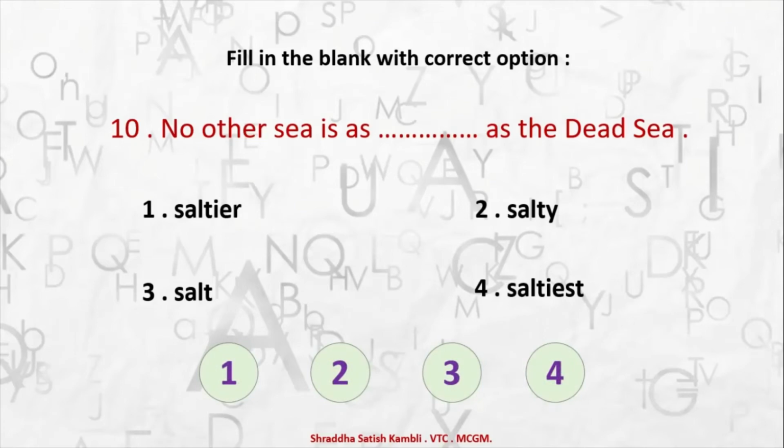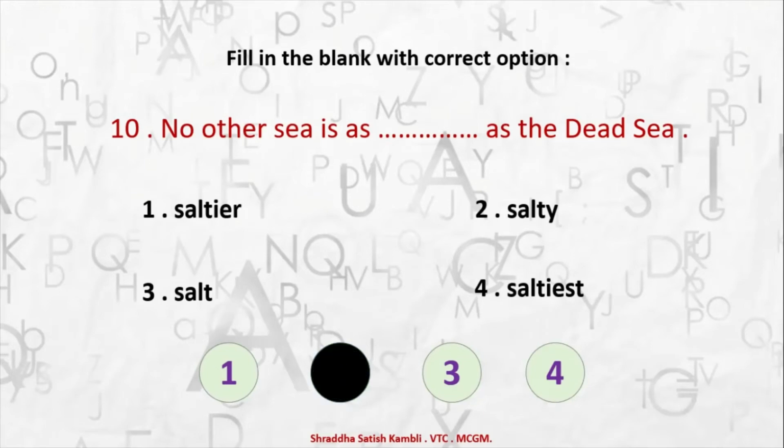So which will be the correct option when we are using the comparative form? Sometimes you can also use the adjective in the positive degree or the positive form. Okay, here is an example of that where we make use of the second option.